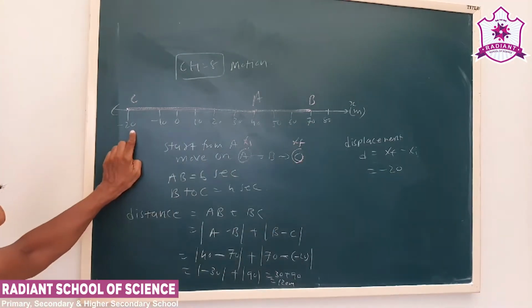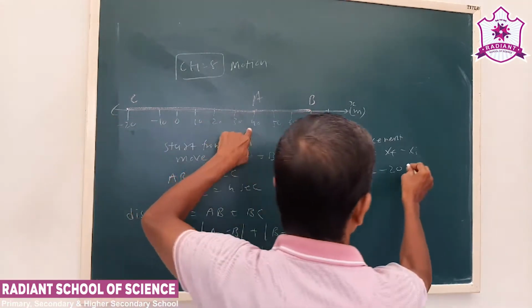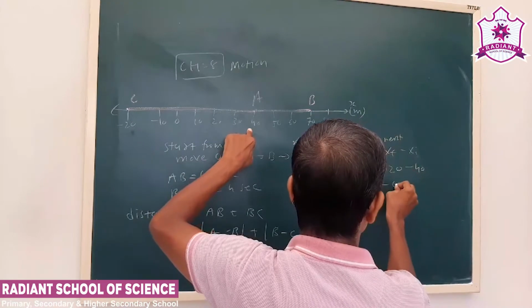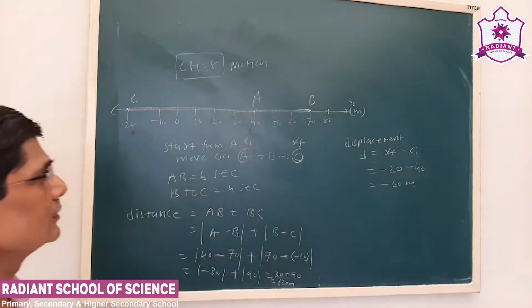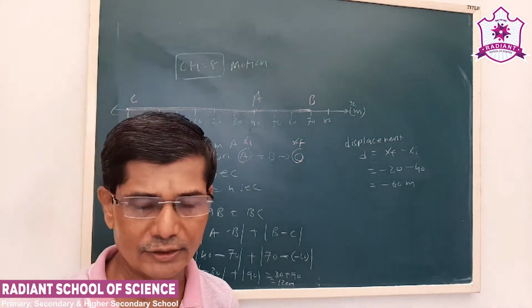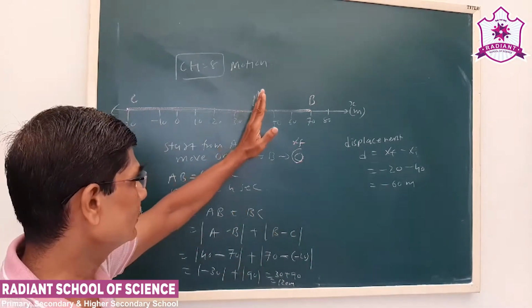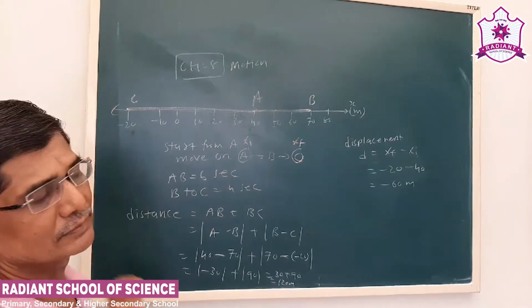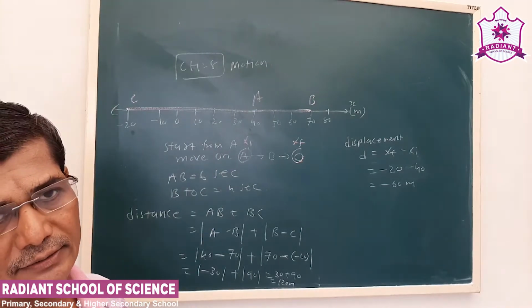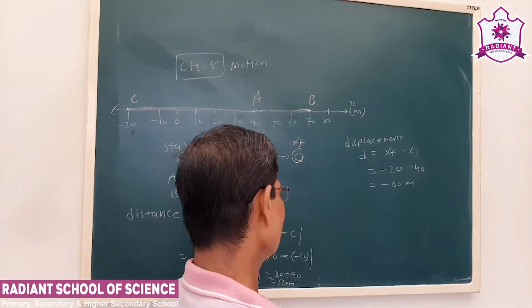And what is the number corresponding to A? That is 40. So displacement is minus 60. What does the negative sign show here? The negative sign shows that it has moved to the left of the initial point.